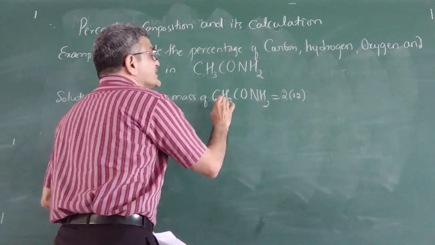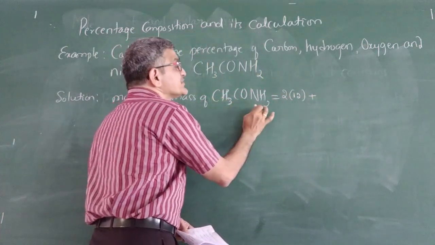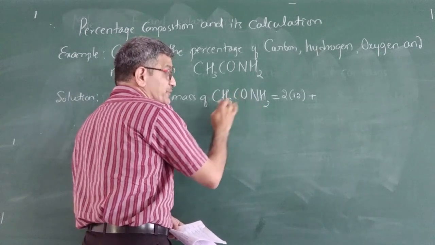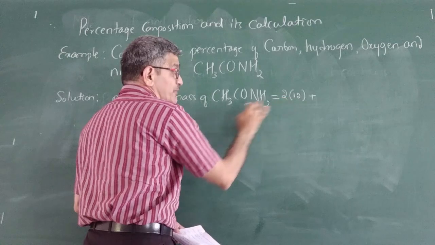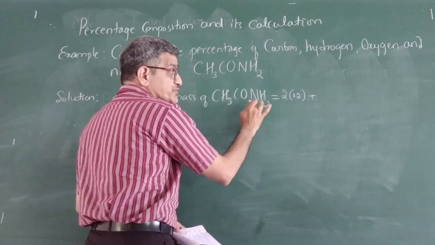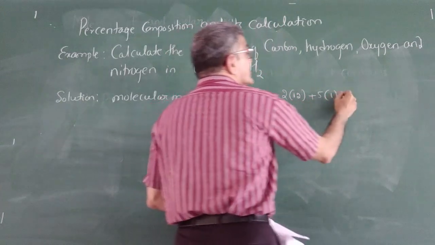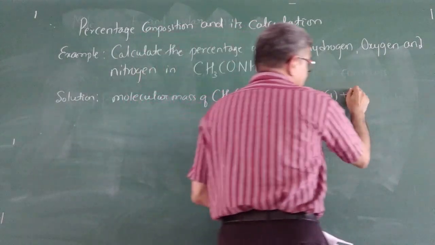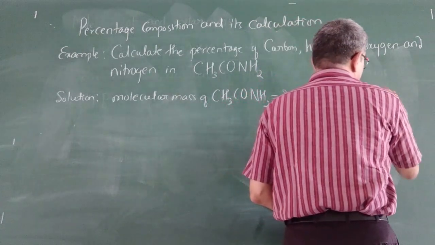So carbon is done; next hydrogen, plus hydrogen is 3 + 2, you have to take all of this. Here one carbon has come, there is another, adding the two gives 2, so 2 into 12. Hydrogen 3 + 2 is 5 into 1. Okay, carbon done, hydrogen done, oxygen is only one, 16, plus nitrogen only one, 14.